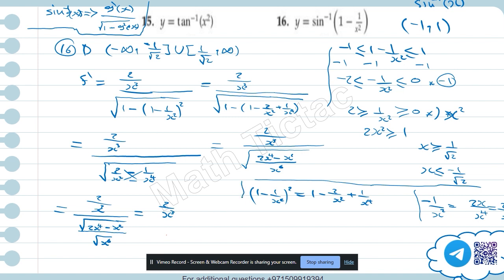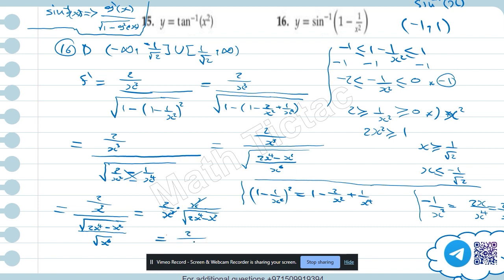The undefined values over here will be found by making x square root of 2x squared minus 1 equal to 0. So from this I will have x equals 0, and from this I will have 2x squared minus 1 equal to 0. So x will be equal to positive or negative 1 over square root of 2.